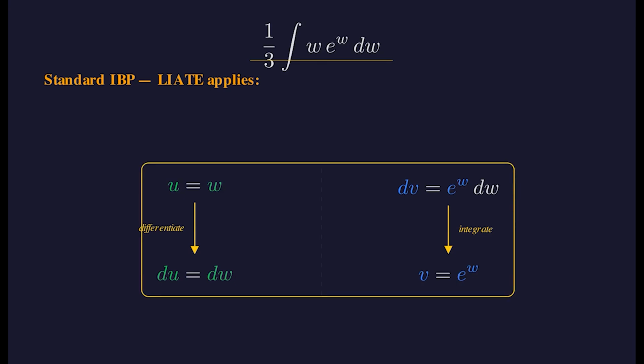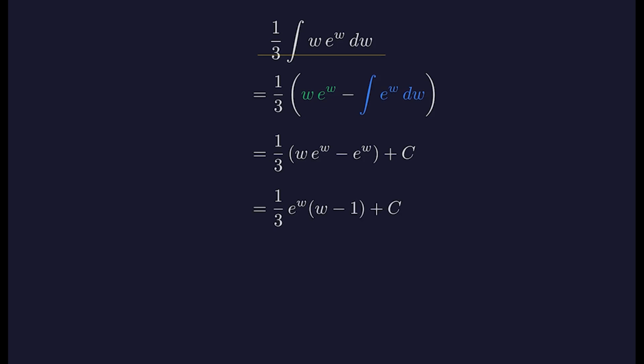Putting that together, guys, we get a third times the integral of w e to the power w dw, which gives us a third of w e to the w minus the integral of e to the power of w dw, which we can simplify down to a third e to the w times w minus 1 plus c.